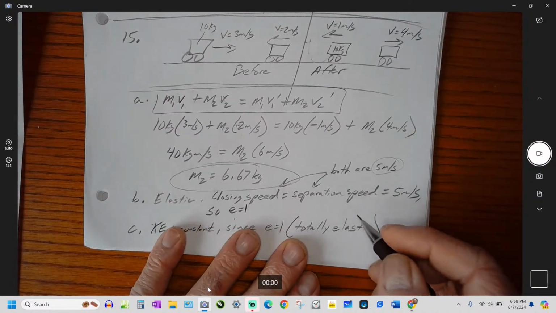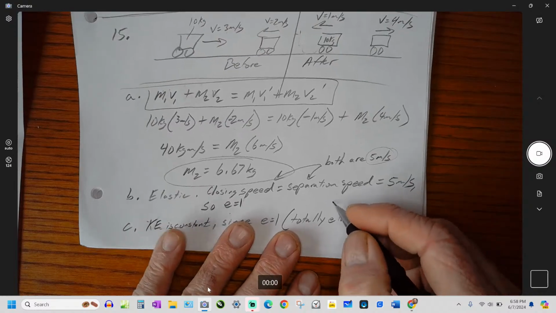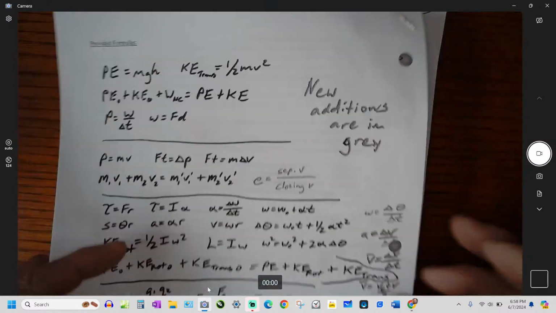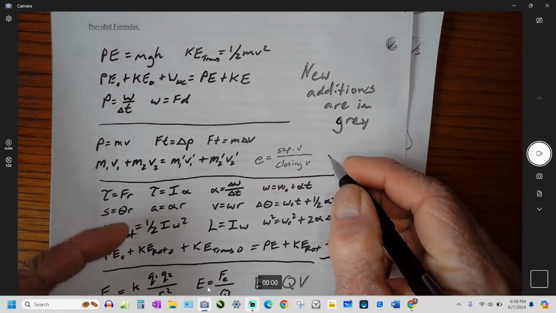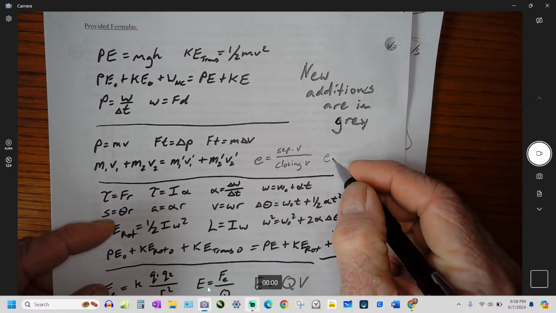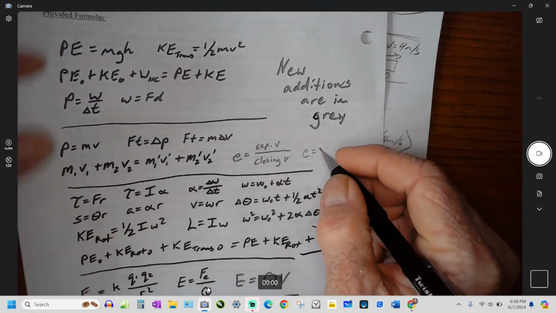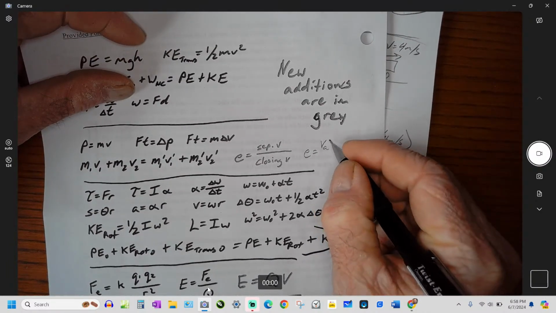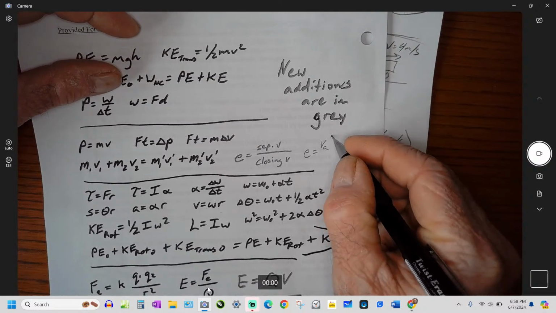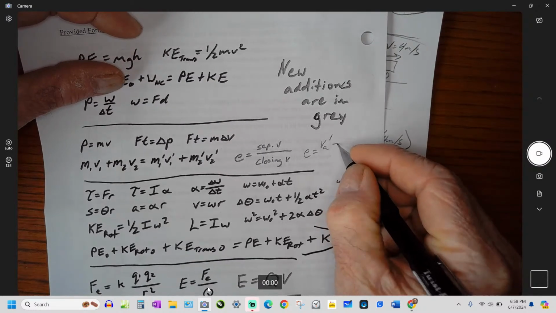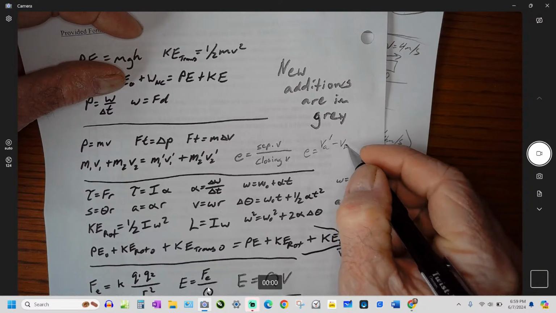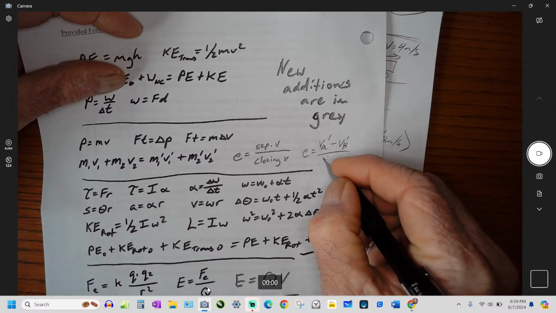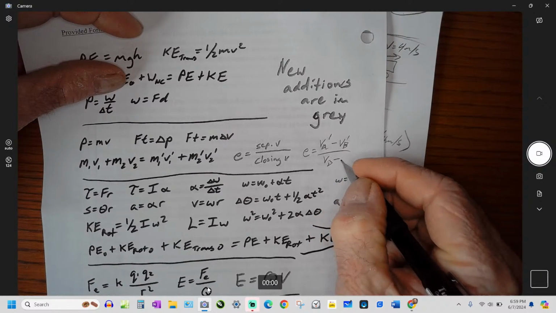And by the way, if you want that equation, I gave the general equation, separation over closing, but if you want to actually plug stuff in and not have it be tricky, I'm just going to write it this way: VA prime minus VB prime over VB minus VA.